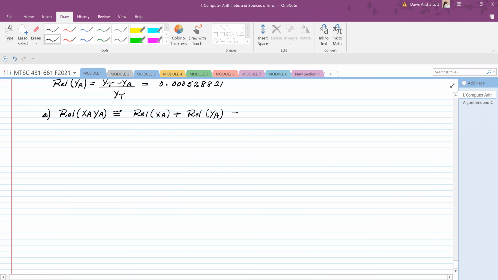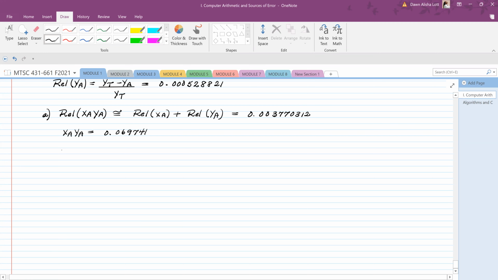And so this turns out to be 0.003770312. And if we compute X approximate, Y approximate, that gives us 0.069741.